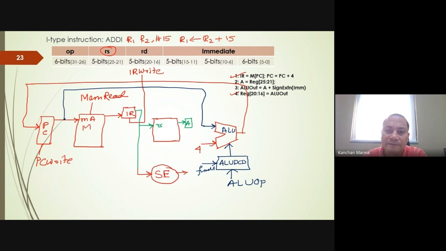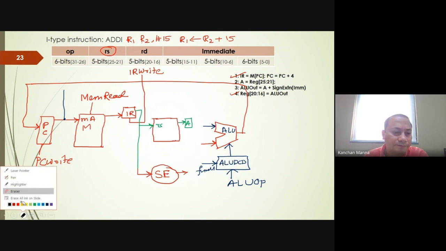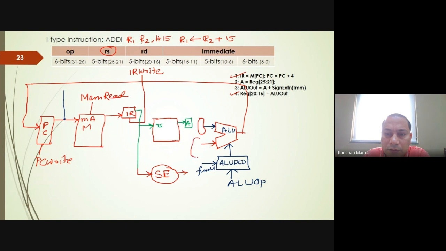Now here you can see the ALU's two inputs, upper and lower, are getting values from more than one source. So we have to insert a multiplexer. Now we have a multiplexer here and here.